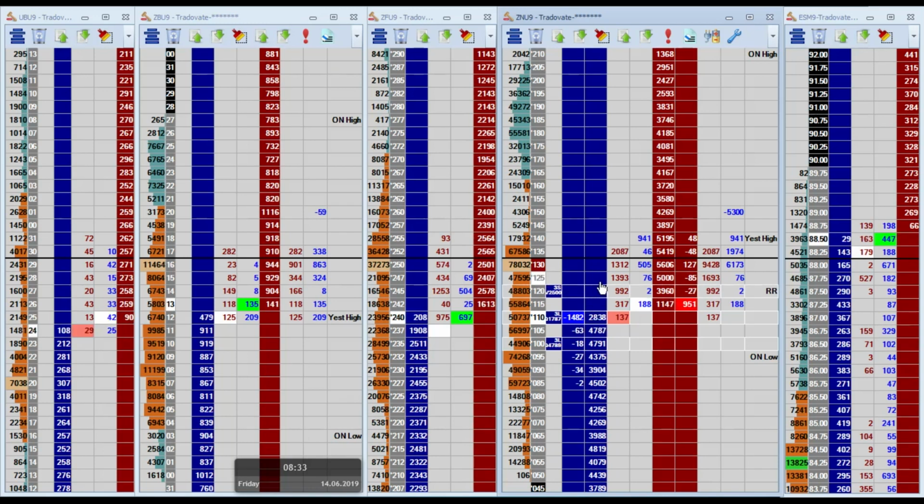I think I'll put a stop in right there and another stop right there, just in case this pops back up, because it's a bit of a stall right here. ES is still pushing up to the highs, which is good, so it should put pressure on what's going on over here. Five years still pushing the lows of the move.